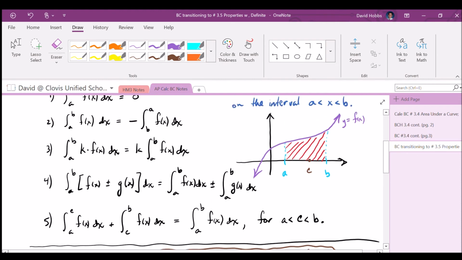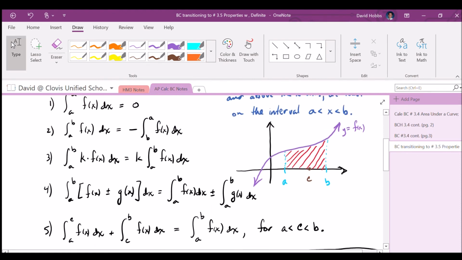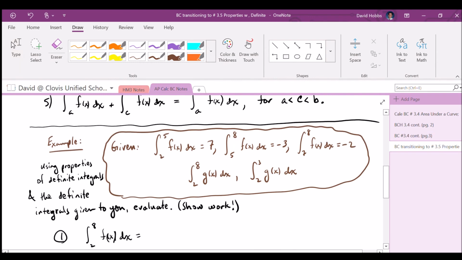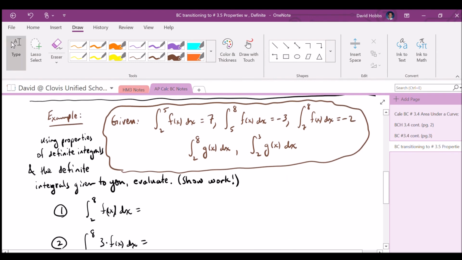Okay, so those are the properties of the definite integrals, and we're going to do a couple sample problems here right now. Using the properties, and I'm also giving you these definite integrals that are all true statements about it. Right now I know that some of you might be saying, but wait a minute, we're getting some negative values there.